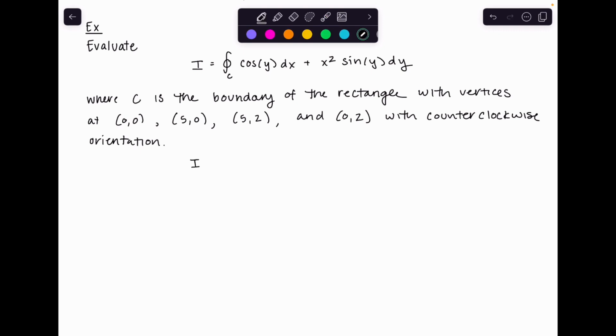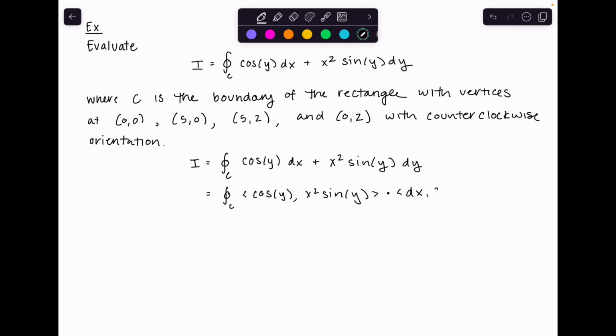So this integral I instead is just basically the dot product that's been expanded. So what I can do is write it as cosine of y and x squared sine of y dot product with dx dy.